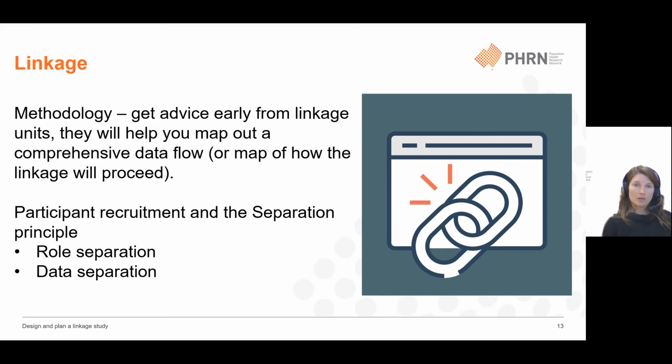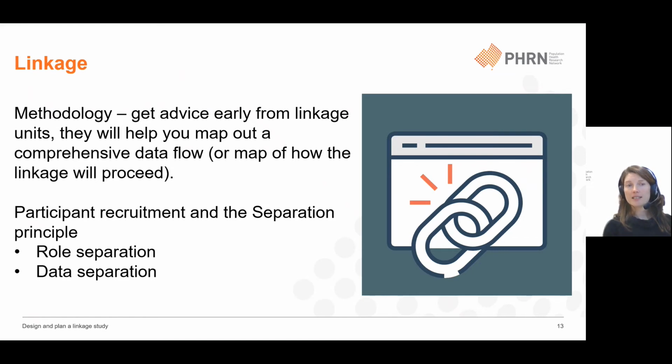Just briefly, role separation means that if you are recruiting participants and would like to obtain their linked administrative data, you need to ensure that you have different people in your team who handle participant identifiers, such as names and addresses, versus the de-identified linked data provided to you for analysis, sometimes also called the service data or the content data. This is to minimize the risk of potential re-identification of individuals in your study.